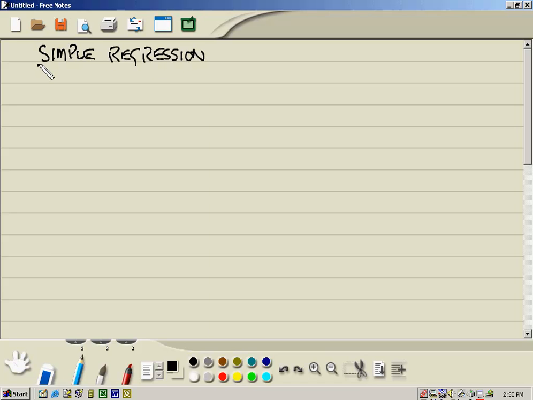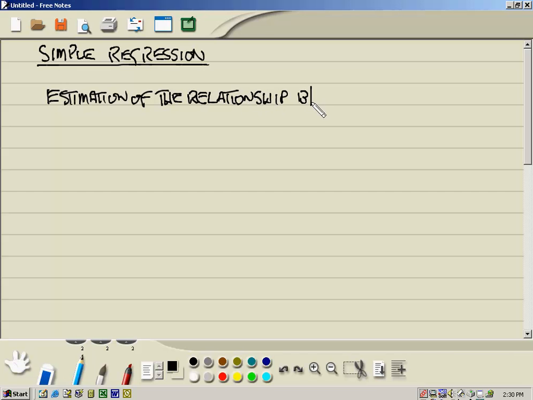What this does, though, is to talk about the estimation of the relationship that we hypothesize between two quantitative variables.